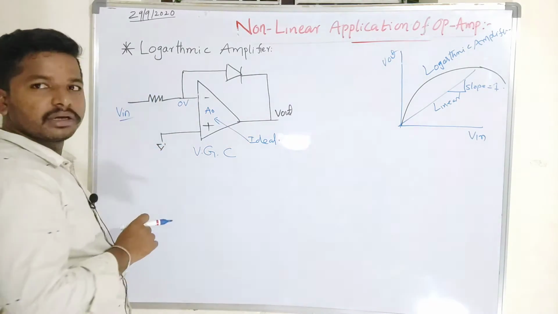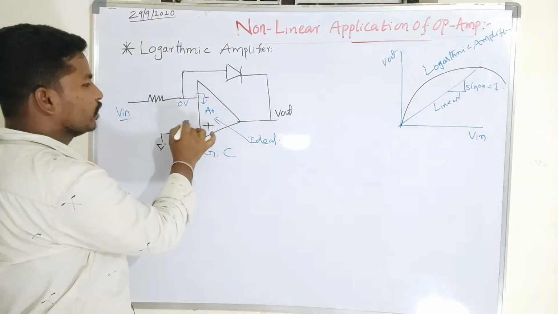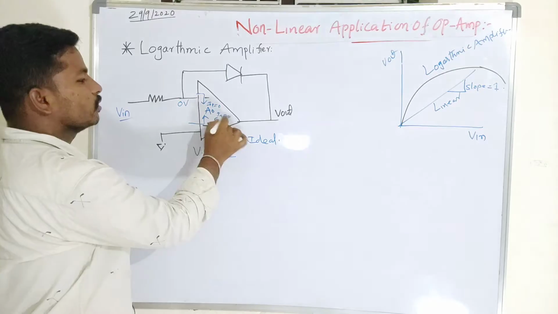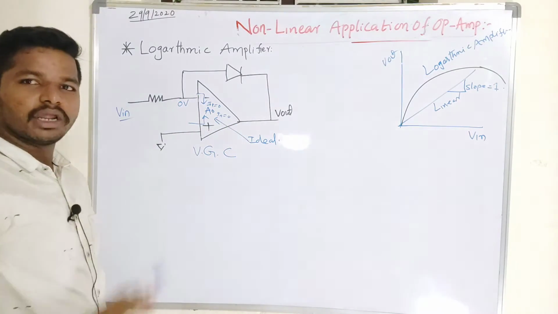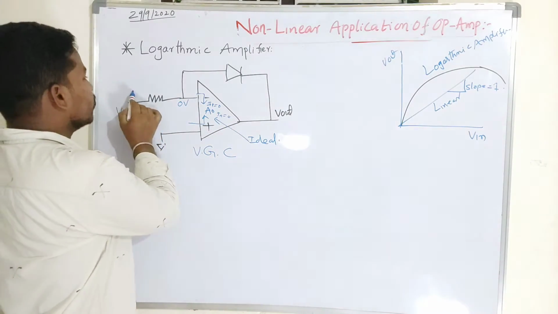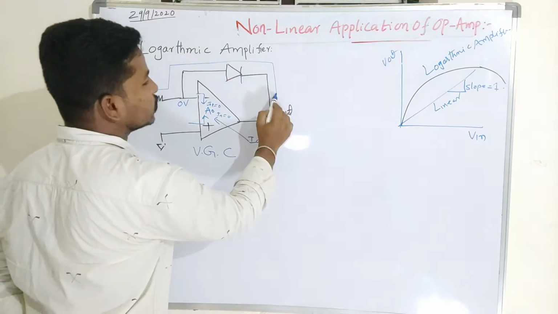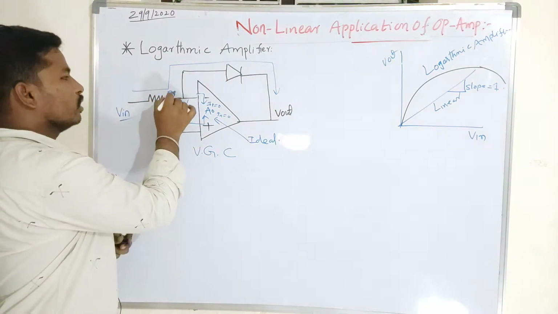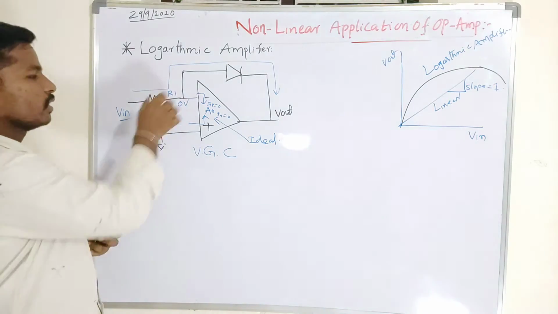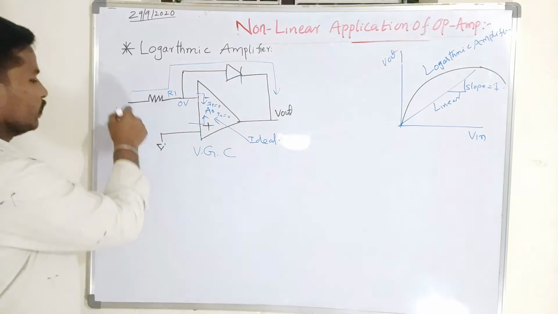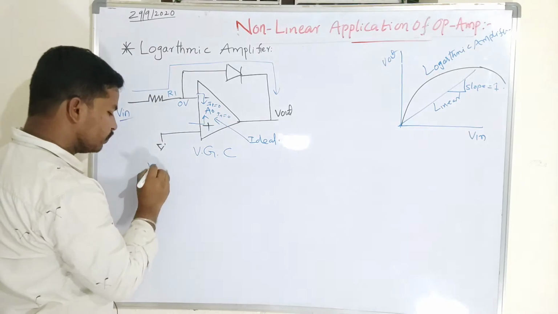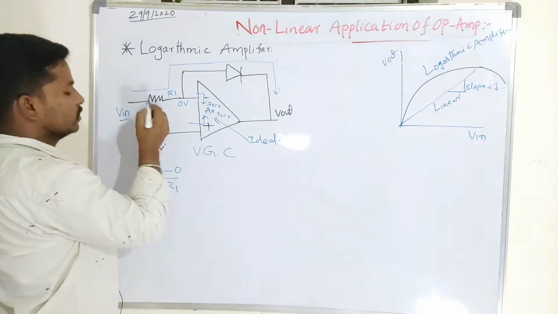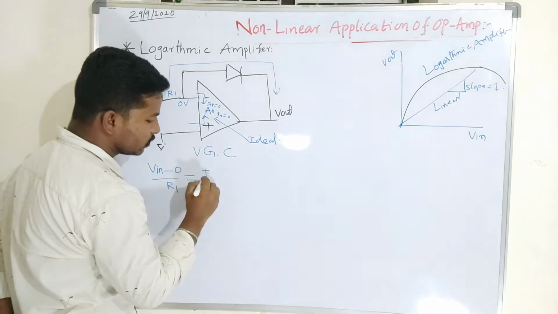Applying KCL, the current flowing into the operational amplifier will be 0, so the same current flows into the circuit. If I write the KCL equation, (Vin minus 0) by R1 is equal to ID.